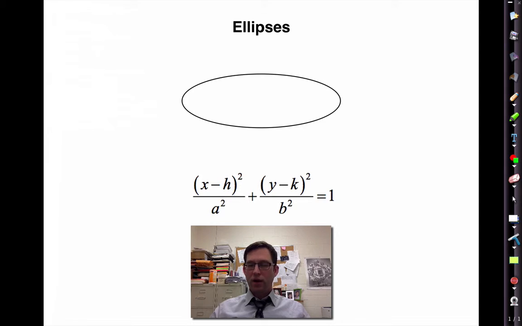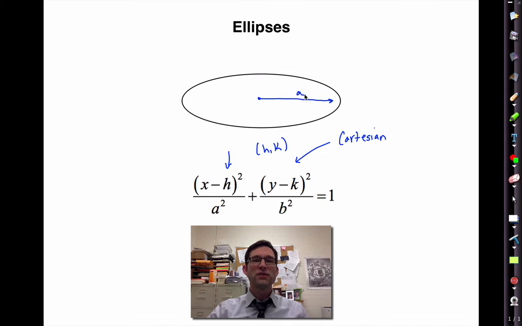Ellipses. All right, so ellipses in Cartesian form generally have this equation. Cartesian form, right? Cartesian meaning that there's both x and y in the equations, okay? h, k is still the center. The big difference is those a's and b's give what are called the length of the minor and the major axis.